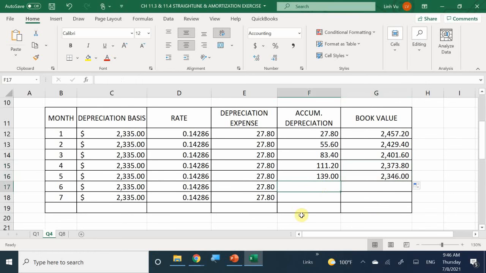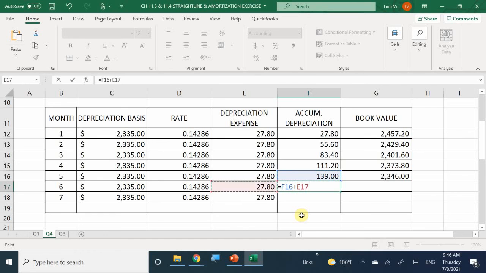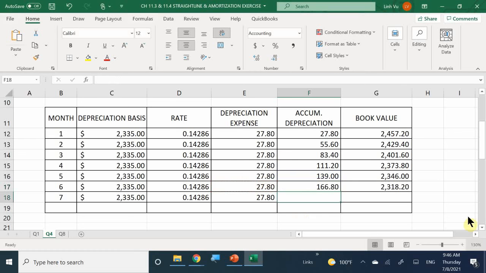All right. What is the accumulated depreciation for the sixth month? 166.80. Which Excel has now recognized my pattern. So book value should be 2318.20. Last but not least, what is going to be my accumulated depreciation for the seventh month? 194.60.